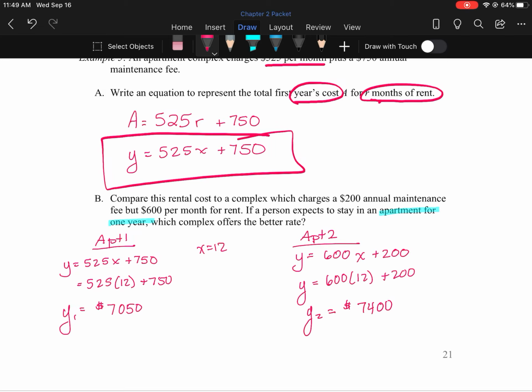So even though the rent was a little more expensive, a lot of people would see that at first and think, oh, I don't have to pay as high a maintenance fee. After 1 year, you've already paid $350 more. So if you plan on staying there for just 1 year, apartment 1 would be the better option. All right, so that's just using our slope-intercept form and applying it to something.